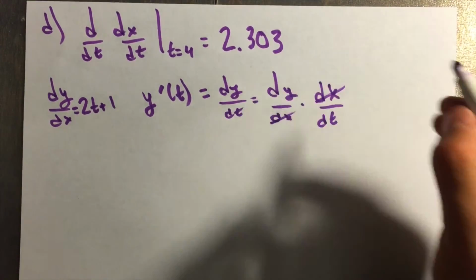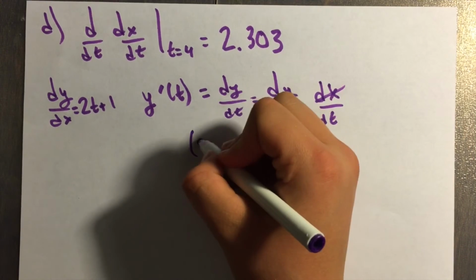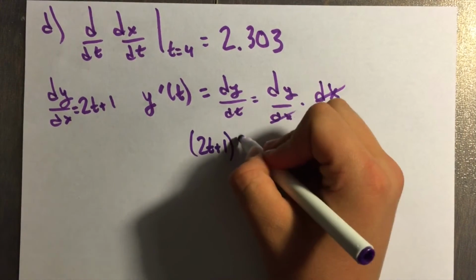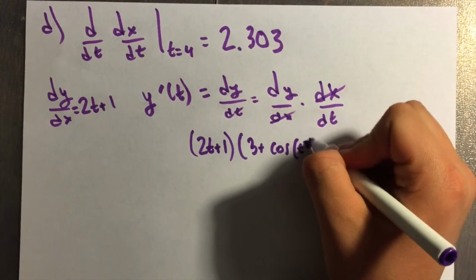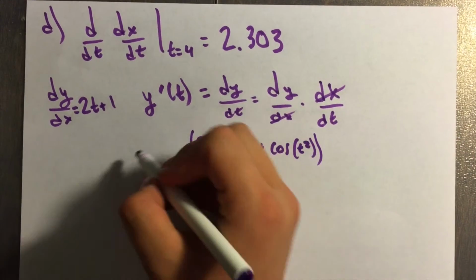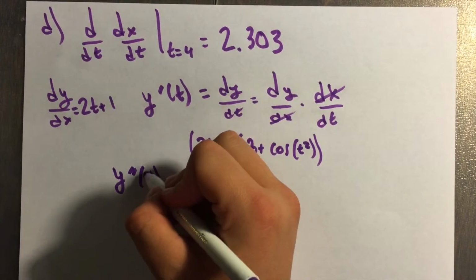Now these dx's cancel, and we just plug in, and we get (2t plus 1) times (3 plus cosine of t squared). Now we must find y double prime of t and evaluate that at 4.